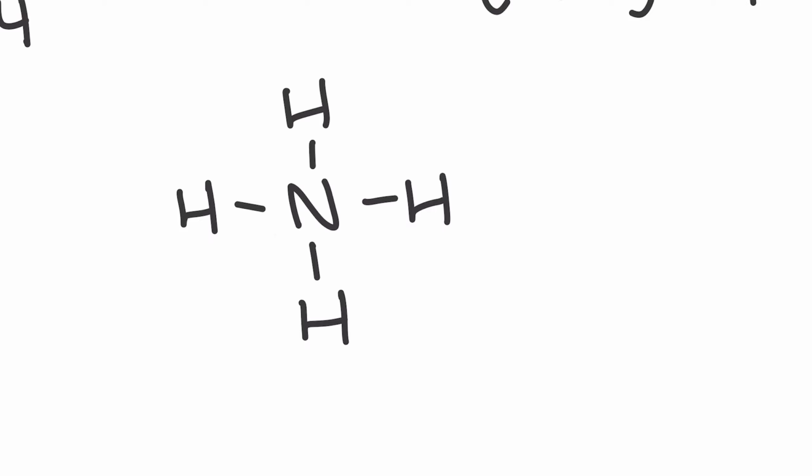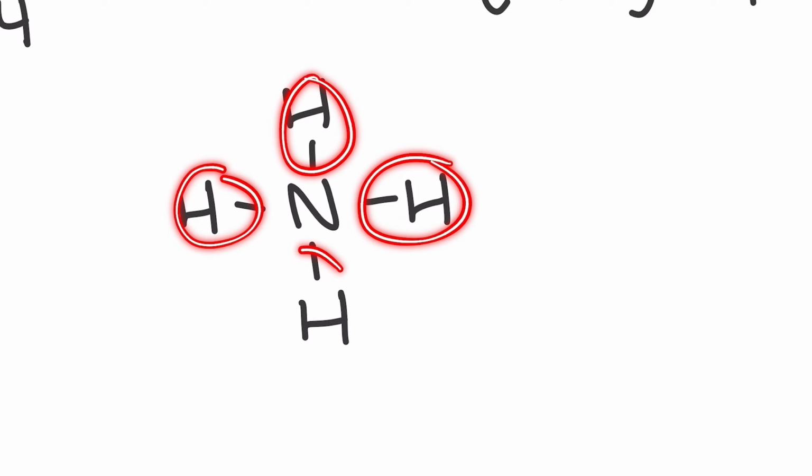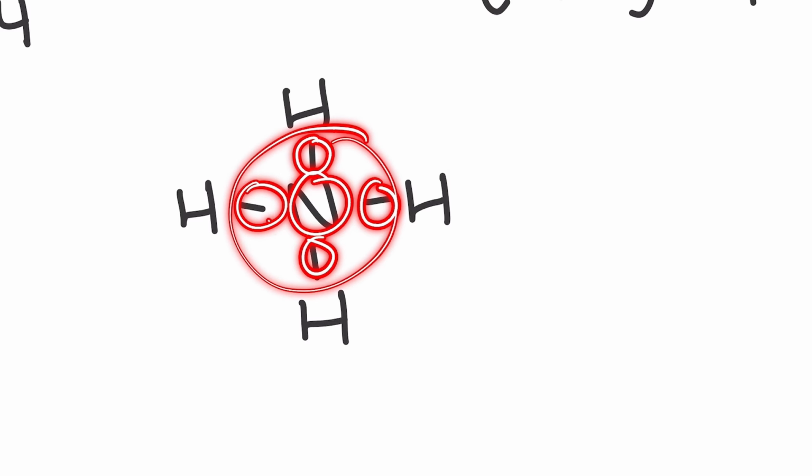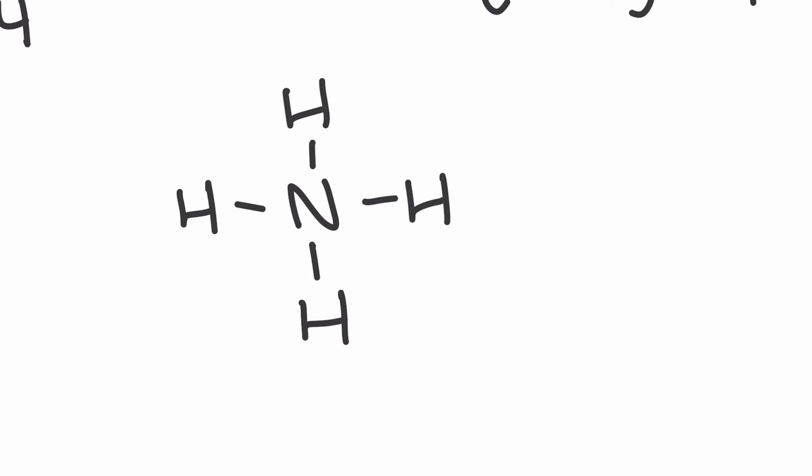So let's look at hydrogen. Each hydrogen does have 2 electrons by it, so those are all good. And this nitrogen has 2, 4, 6, 8, so this is good too.